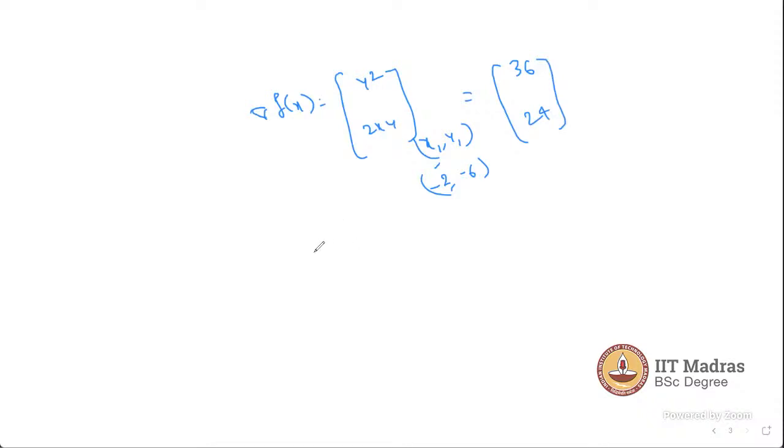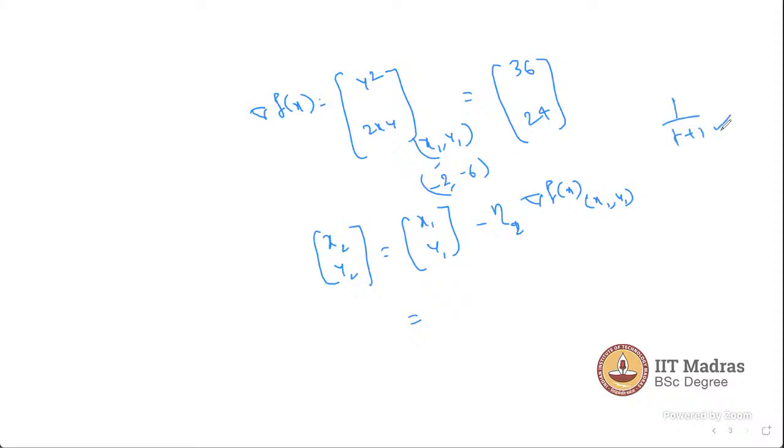Now x2 y2 is equal to x1 y1 minus eta 2 into del f of x at x1 comma y1. Now eta 2 will be equal to 1 by 2, since we have this 1 by t plus 1 policy.